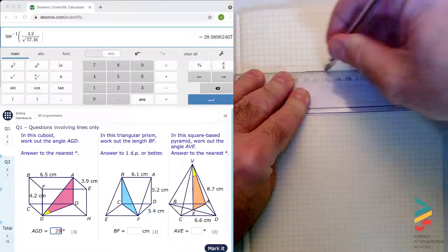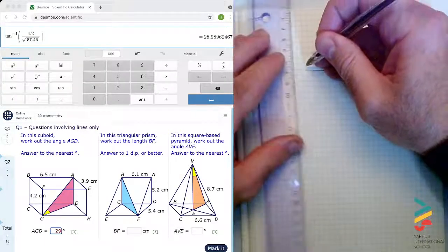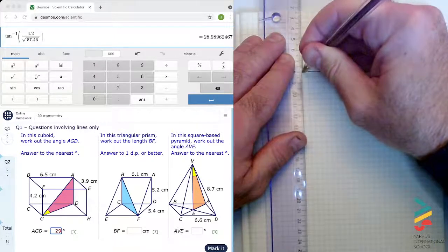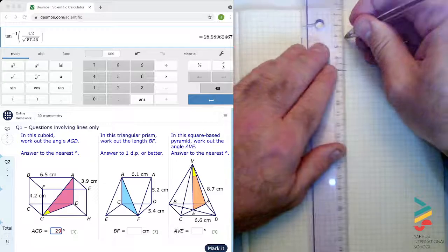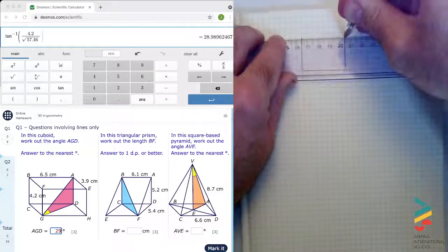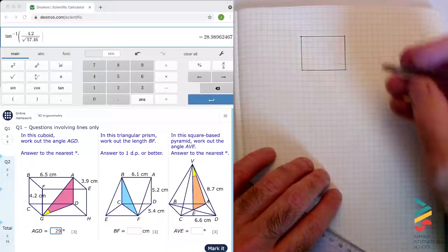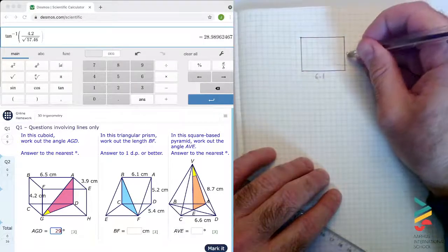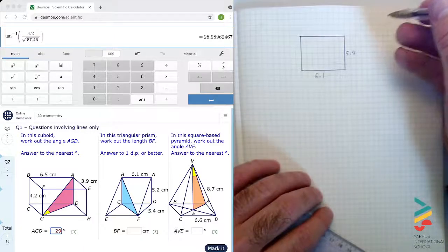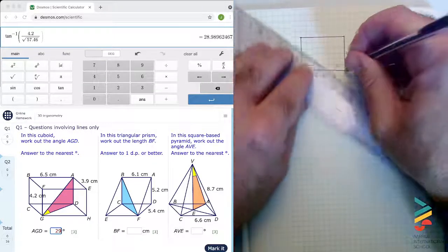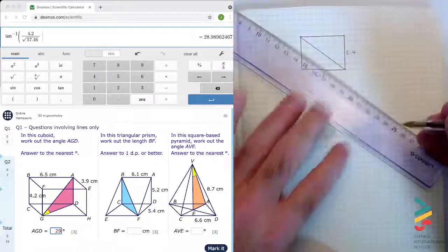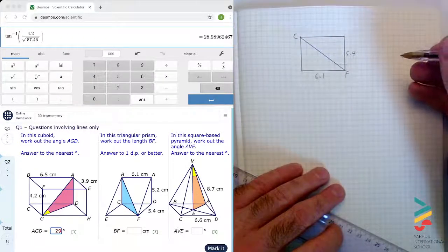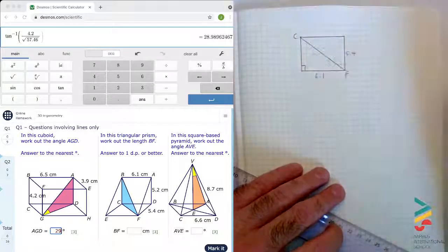So we've got a kind of rectangular base, and it's 6.1 that way, and it's 5.4 that way. And it's got a diagonal across it, which is the bottom of the triangle, CF, and it's right angled.